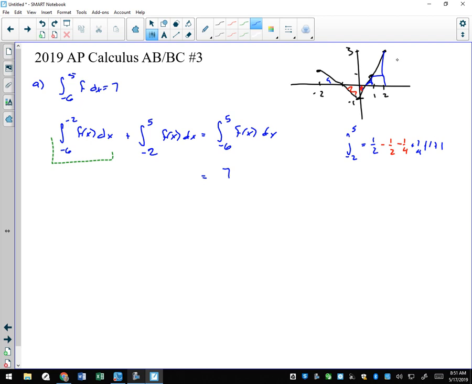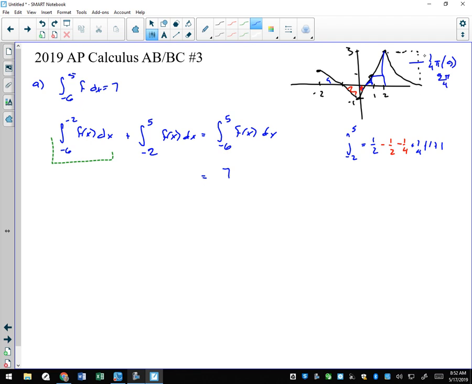And then to get the part under the quarter circle, I'm going to get the area of the fourth of this circle. That would be 1/4 pi r squared. The radius of that circle is 3, so 1/4 pi times 9, that's 9 pi over 4.